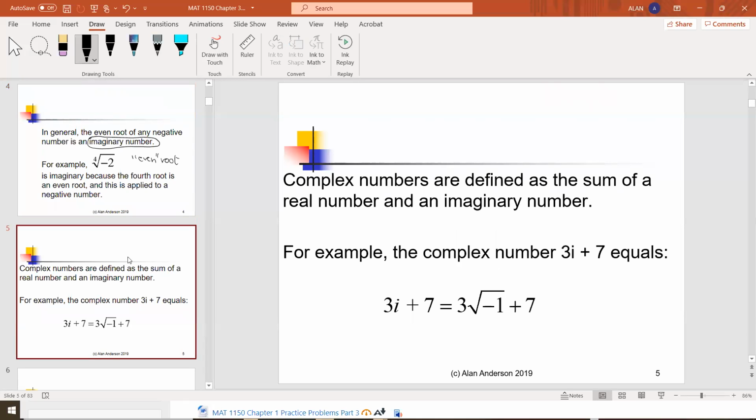Now, technically, if I combine an imaginary number with a real number, the resulting number is called in math a complex number.